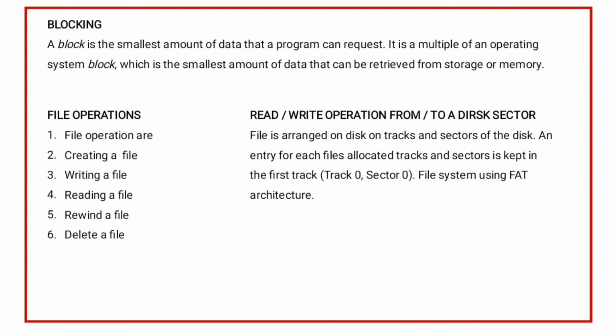Now the next topic is blocking. First, what is blocking? A block is the smallest amount of data that a program can request. It is a multiple of an operating system block, which is the smallest amount of data that can be retrieved from storage or memory.